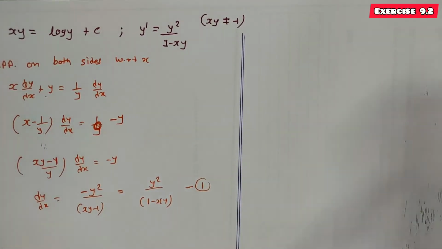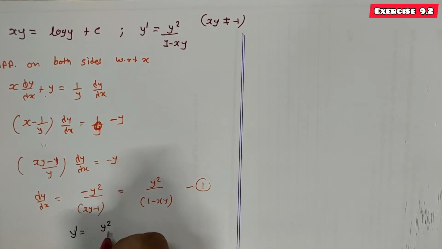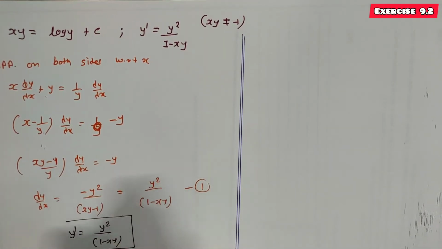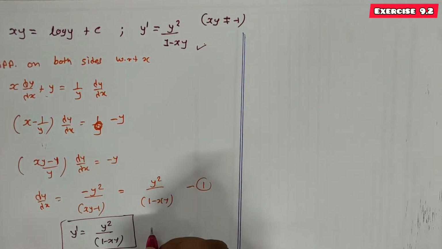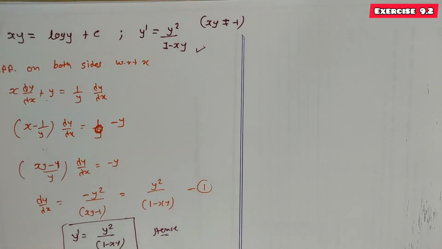This is the value of y dash. y dash is y square upon 1 minus xy. That is our required equation. Done. Hence, what we can say? We can say that given xy equal to log y plus c is the solution of given differential equation.